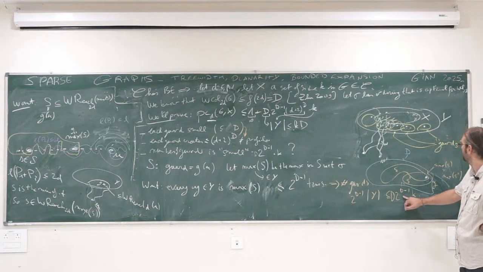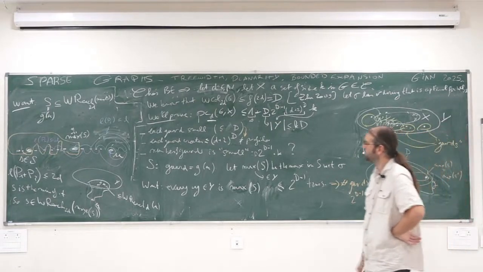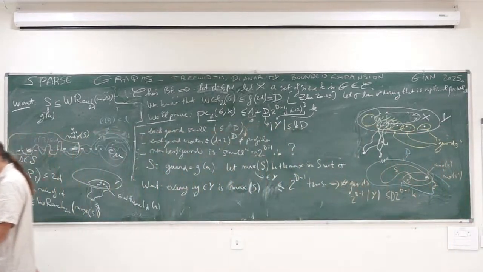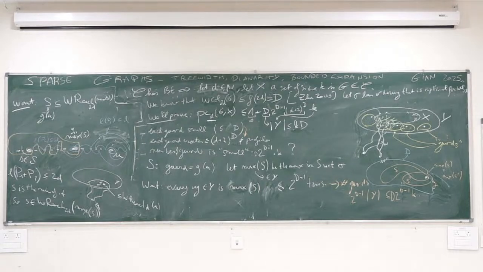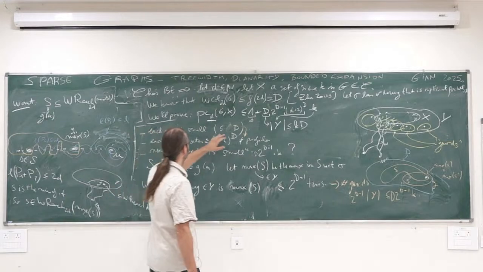Why minus 1? Where does this d minus 1 come from? 2 to the power t is clear. Okay, but that would be a minus 1. No, that we count. The profile we count them here.